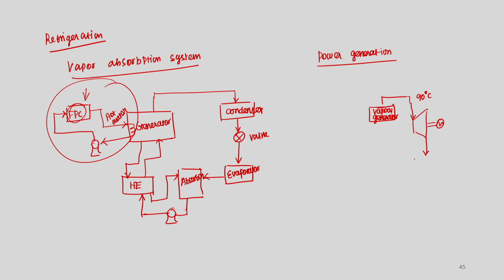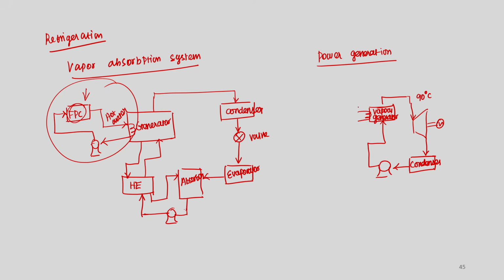This goes again to the condenser and is then pumped back to the vapor generator.